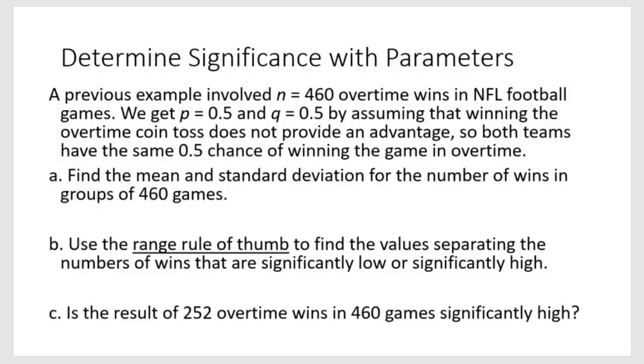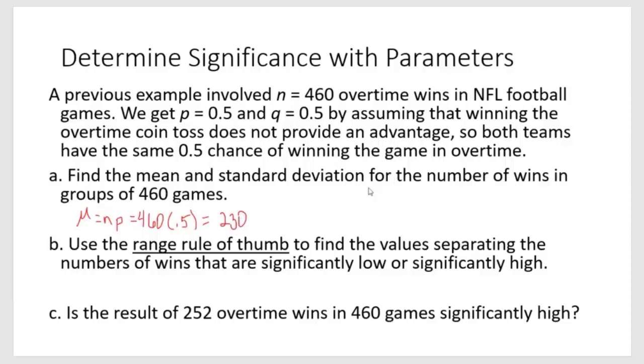Well, we know that the mean is equal to N times P. The number of games we have here is 460, and that probability would be 0.5. So that should be 230.